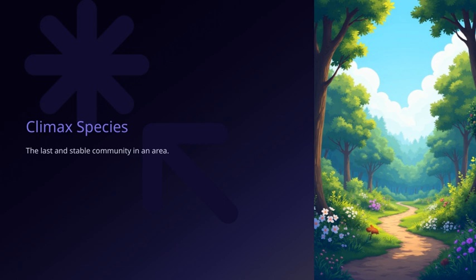Essentially, they form the backbone of the ecosystem, providing stability and continuity. Recognizing these climax species helps us understand how ecosystems reach a state of equilibrium. Throughout our discussion on succession, we've seen how communities evolve and eventually stabilize, and this slide emphasizes the importance of these climax species in maintaining ecological balance over time.